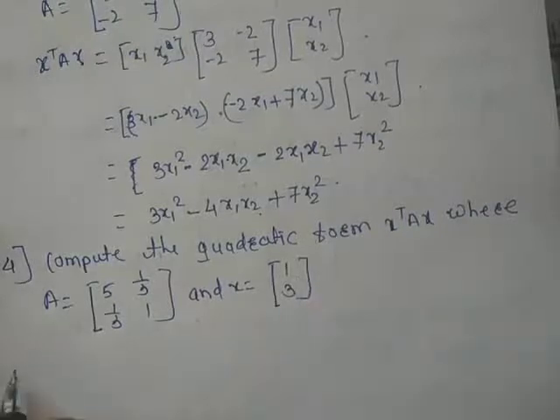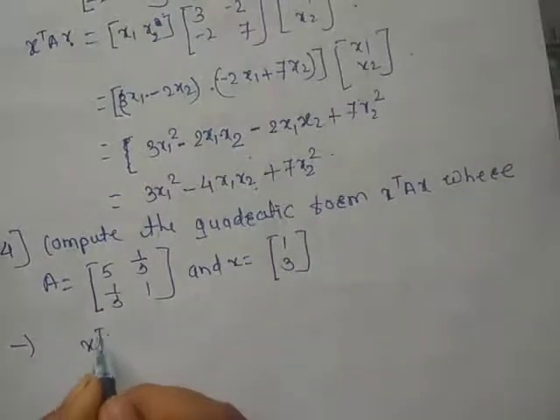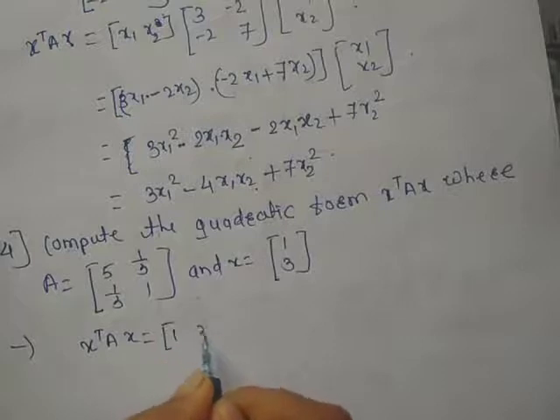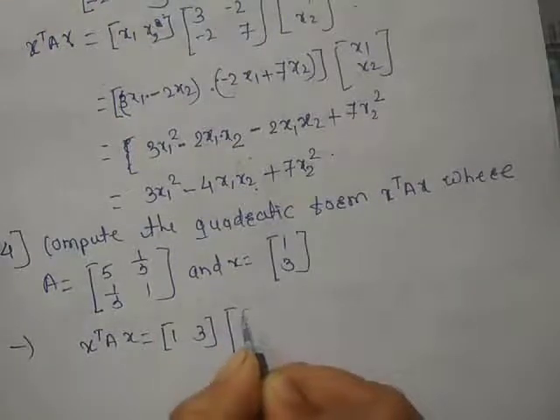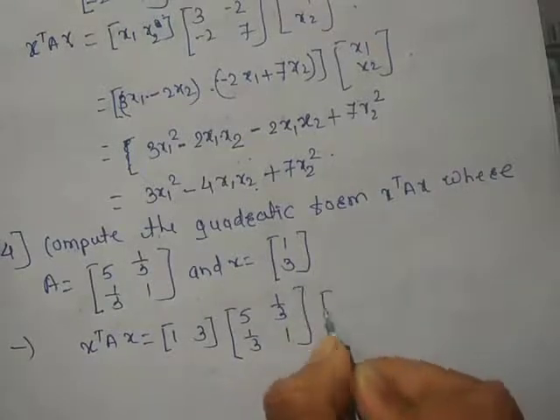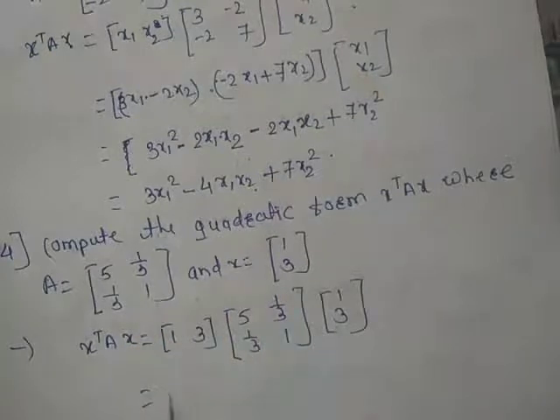Okay, solution. We have to compute the quadratic form. It is very easy. x transpose into A into x. x transpose is 1, 3 into matrix 1, 5, 1 by 3, 1 by 3, 1 into 1, 3. Take multiplication of this.